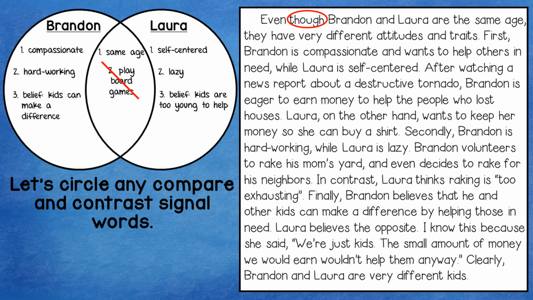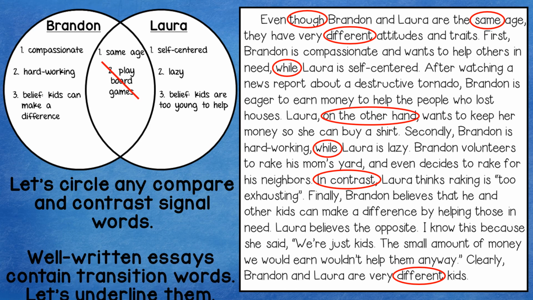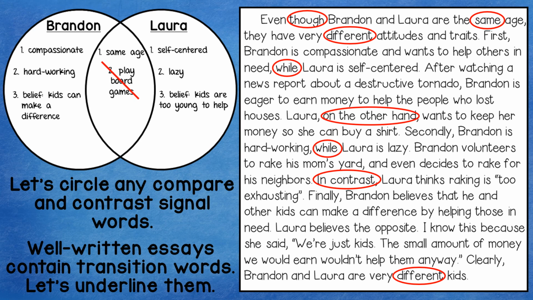We've got even though, the same, different, while, on the other hand, while again, in contrast, and different. So these are those words that signal we've got comparison and contrast. A well-written essay contains transition words. Let's underline those. First, secondly, finally, clearly.